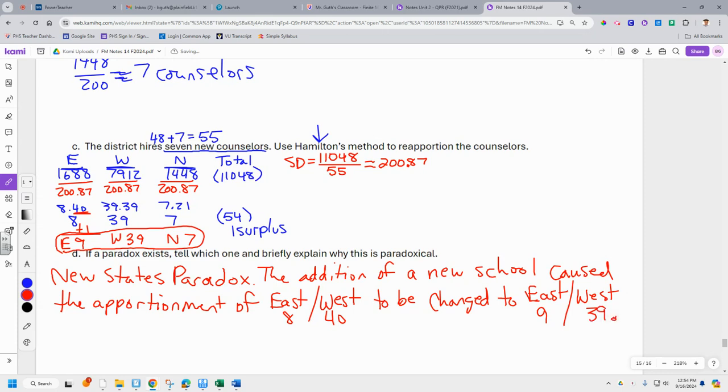The addition of a new school caused the apportionment of East and West to be changed from 8 and 40 to 9 and 39.